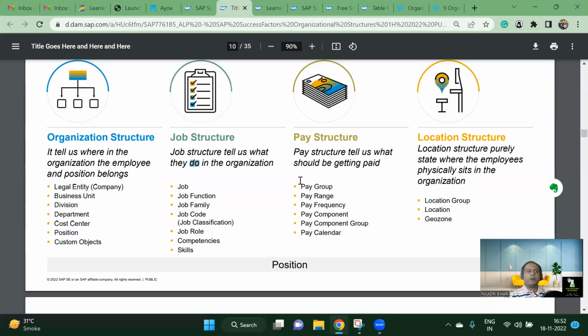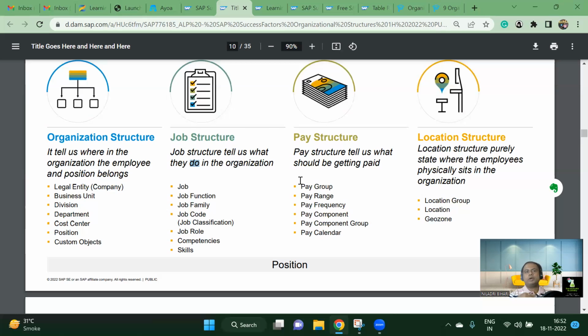In another video, I talked more about job structure, job architecture rather. You can watch that video in one of the other sessions I conducted. So we have a job family, then a job function, job code, job role. What are the different competencies, the skill set required to do well in that particular job? All those details will be part of your job structure.